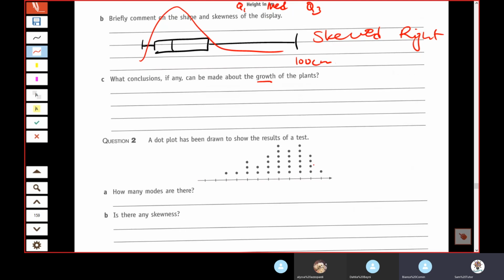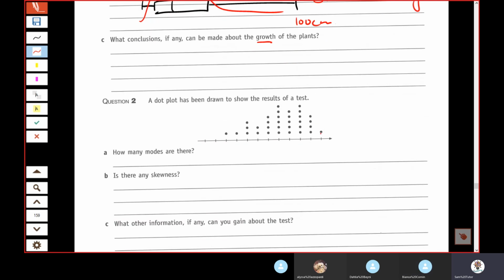Okay, this one: skew to the right, skew to the left, symmetrical. Skewed to the left.